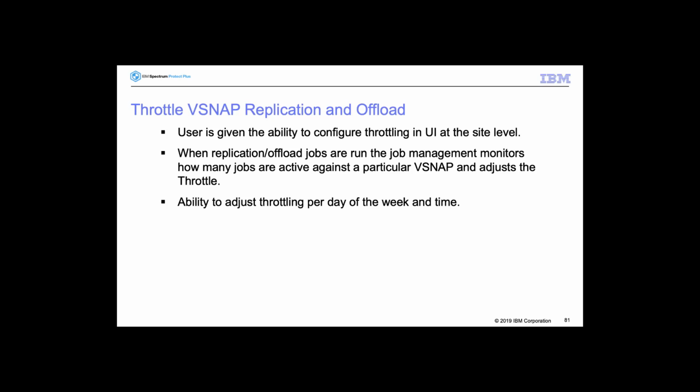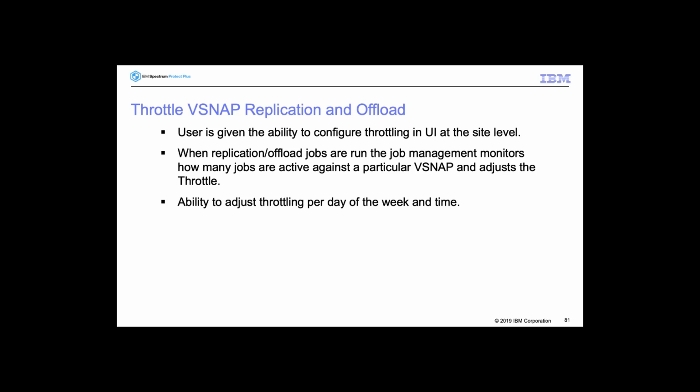We have had requests to be able to throttle vSnap replication and offload. Some people might not want to take up all the bandwidth for vSnap replication or offload. So beginning in version 10.1.3, you're given the ability to throttle replication and offload jobs at the UI level.